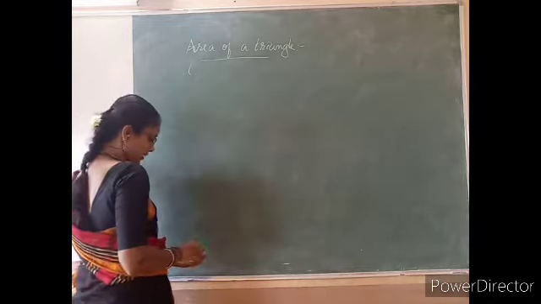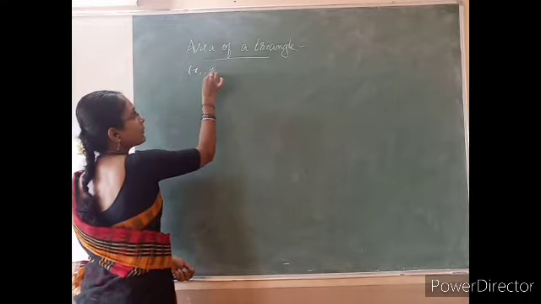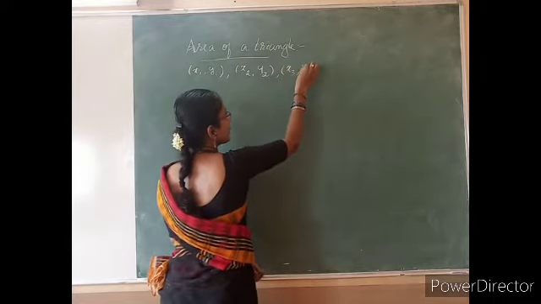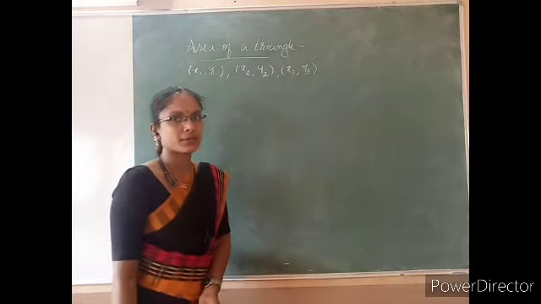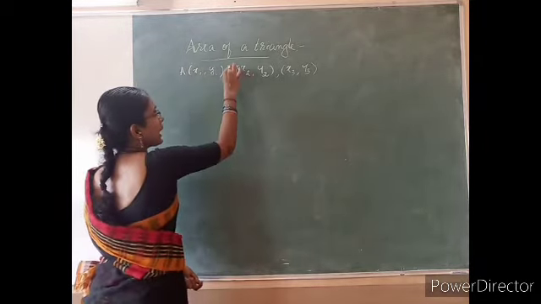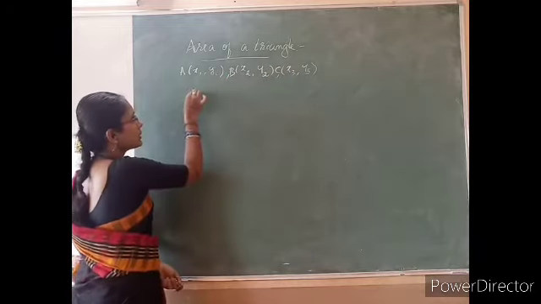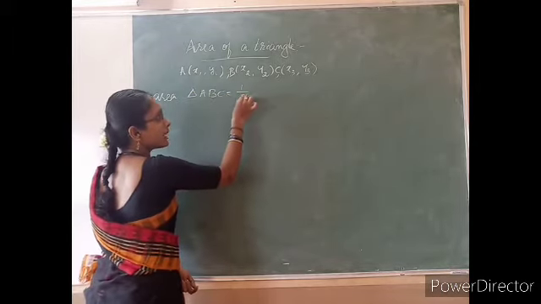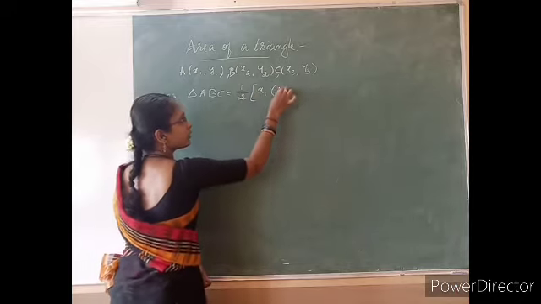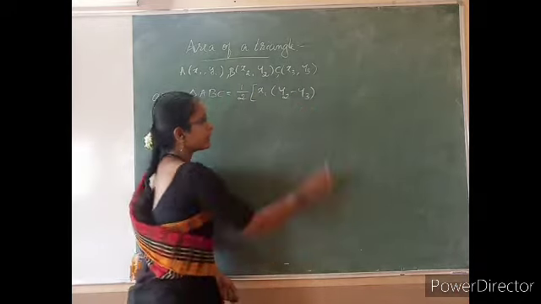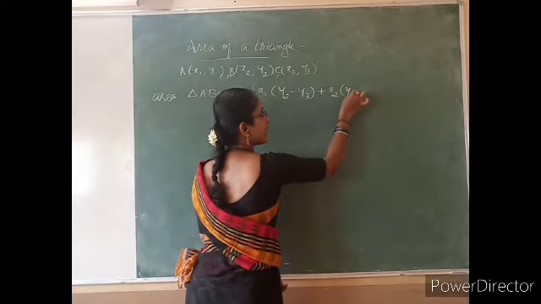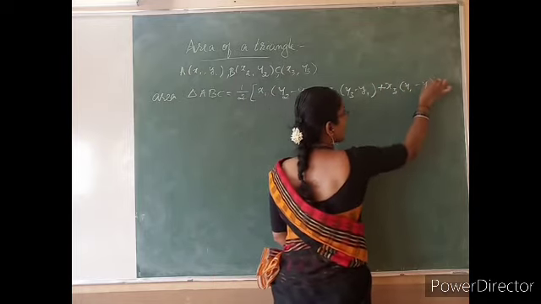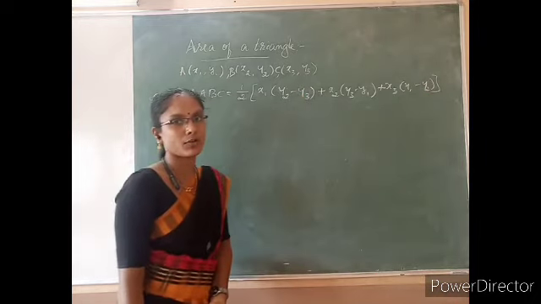If the vertices are x1, y1, x2, y2 and x3, y3, so these are the vertices of a triangle, then the area of a triangle ABC is defined by 1 by 2 into x1 into y2 minus y3, plus x2 into y3 minus y1, plus x3 into y1 minus y2. So this is the formula to find the area of a triangle.